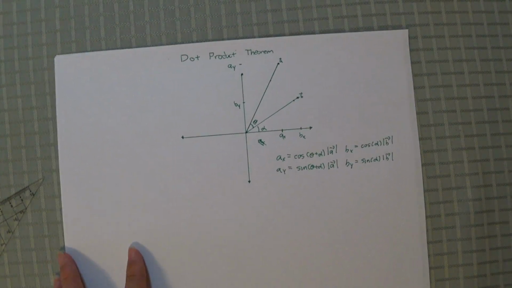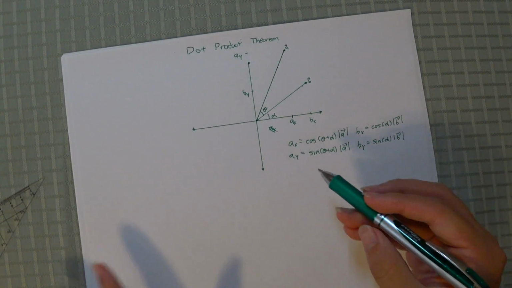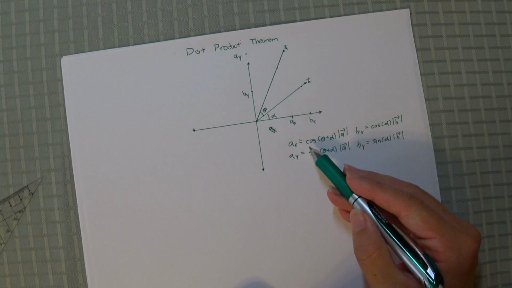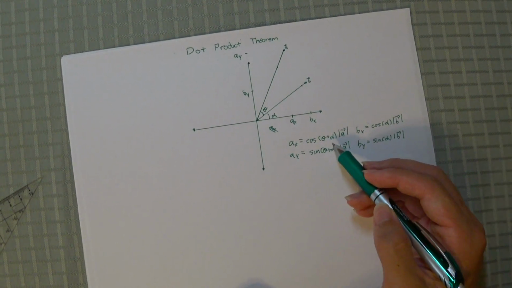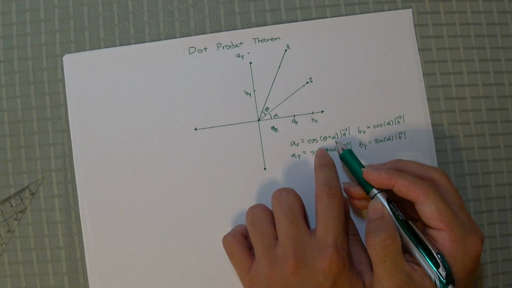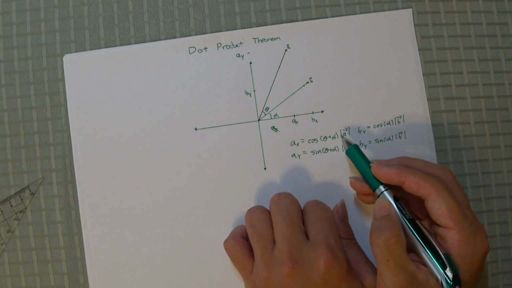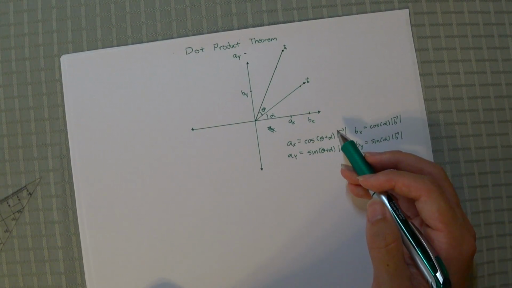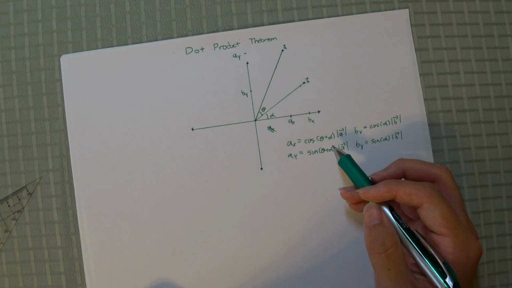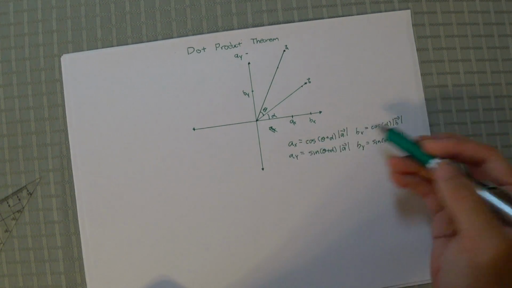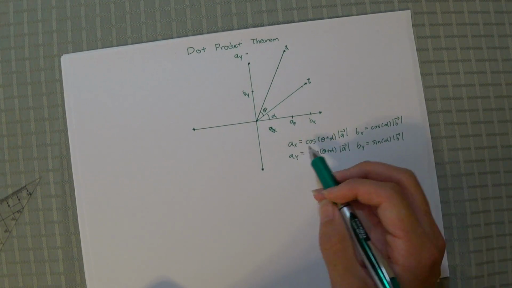So AX times BX. Well, we could first expand this addition of angle, cosine of the sum of two angles, when we multiply AX times BX.